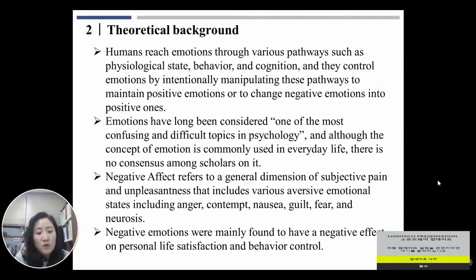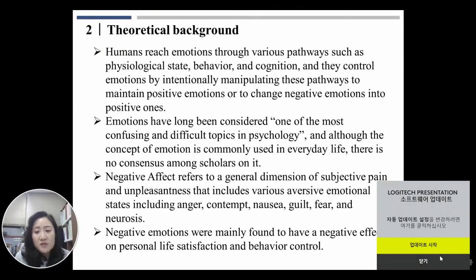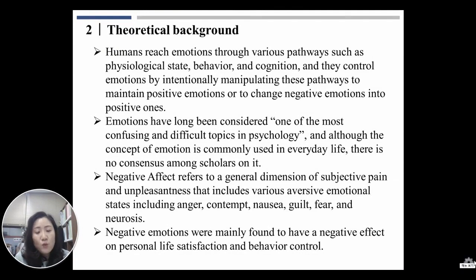Humans reach emotions through various pathways such as psychological states, behavior, and cognition, and they control emotion by intentionally manipulating these pathways to maintain positive emotion or to change negative emotion into positive emotion.